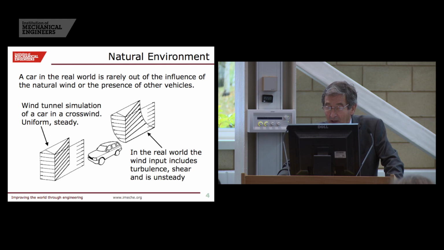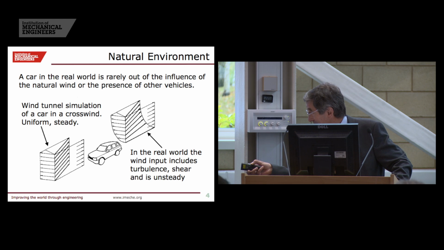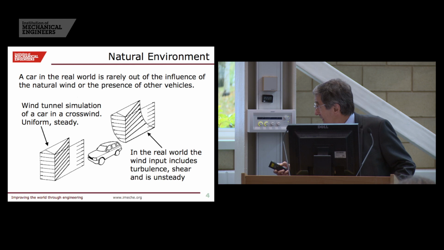And if we look very briefly at the actual environment that the car sits in, on the left-hand side, there the wind tunnel provides very uniform flow conditions on the car. In reality, our natural wind input has turbulence.